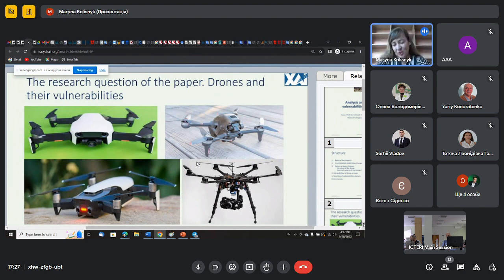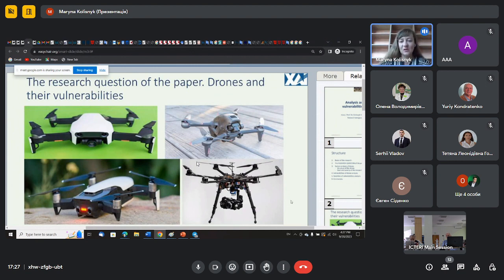Our object in this research is the processes of functioning of drones, and the drone is the subject of the research.